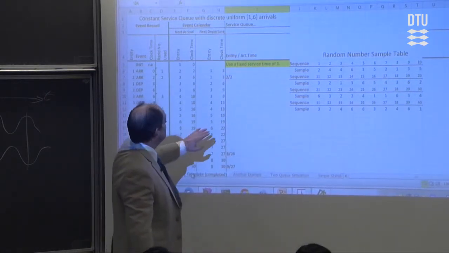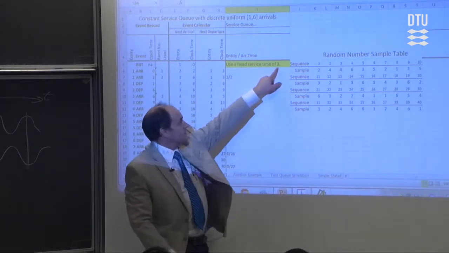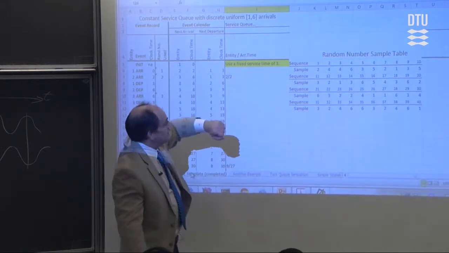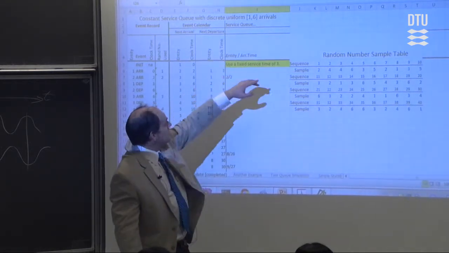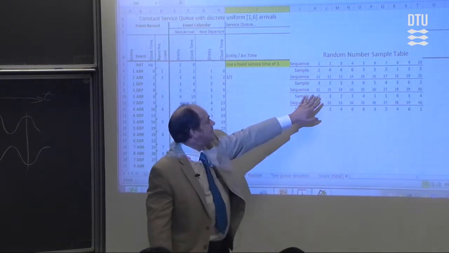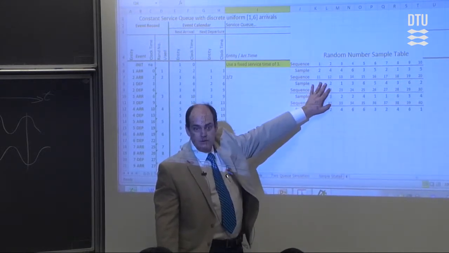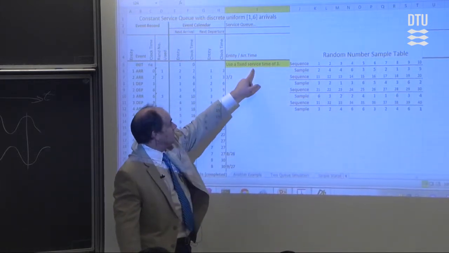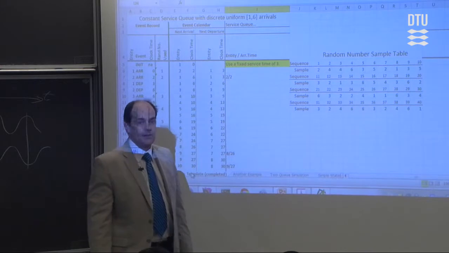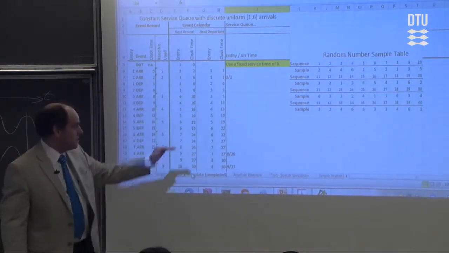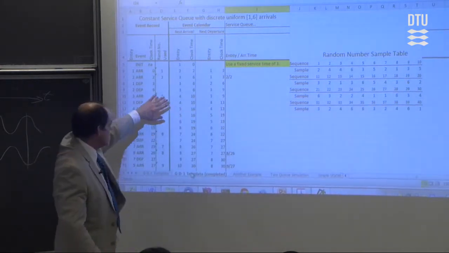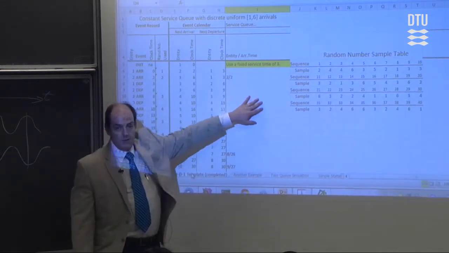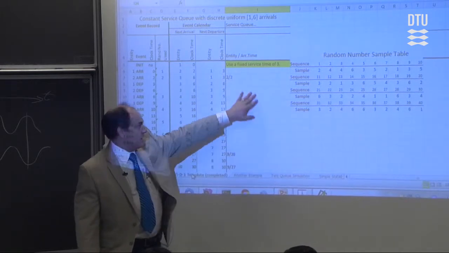Or if I were to increase the service time, maybe to 3.5, well, that's uniform 1 to 6, so these are on average 3.5 time units between arrival. So if I were to boost it up to 3.25 or something like that, we would start to see some queue accumulation. It's just a stroke of luck here that the number stream is giving us a pretty easy ride in this sequence right here. We're not getting a lot of queue activity.